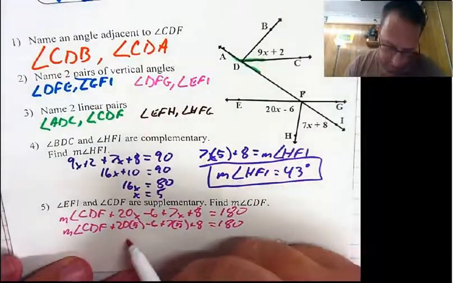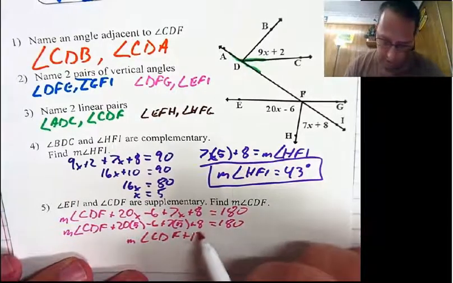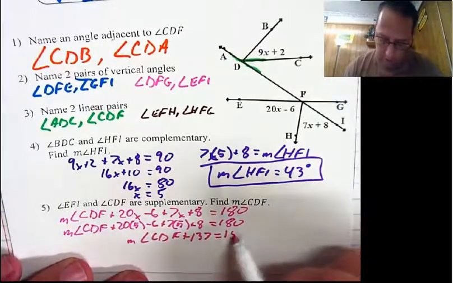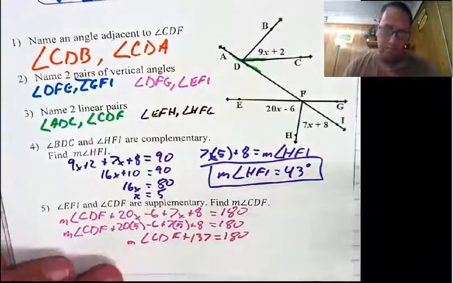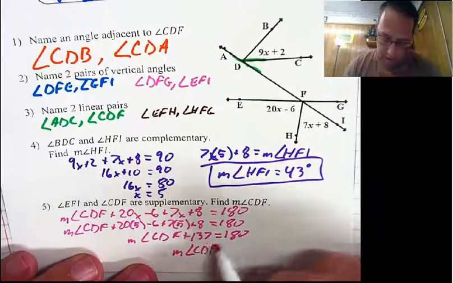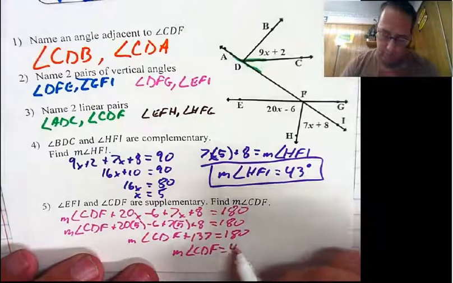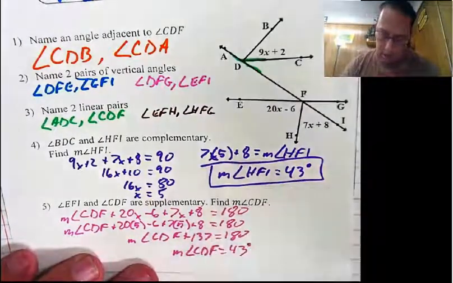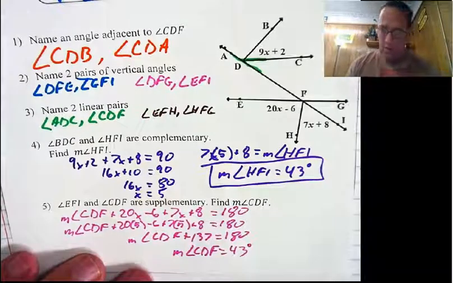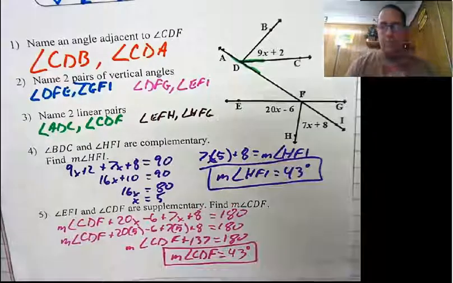So I have the measure of angle CDF plus 137 equals 180. Subtract 137 from both sides. The measure of angle CDF equals 43 degrees. Because it's an angle, angles are always measured in degrees. And there it is. So, hopefully that helps.